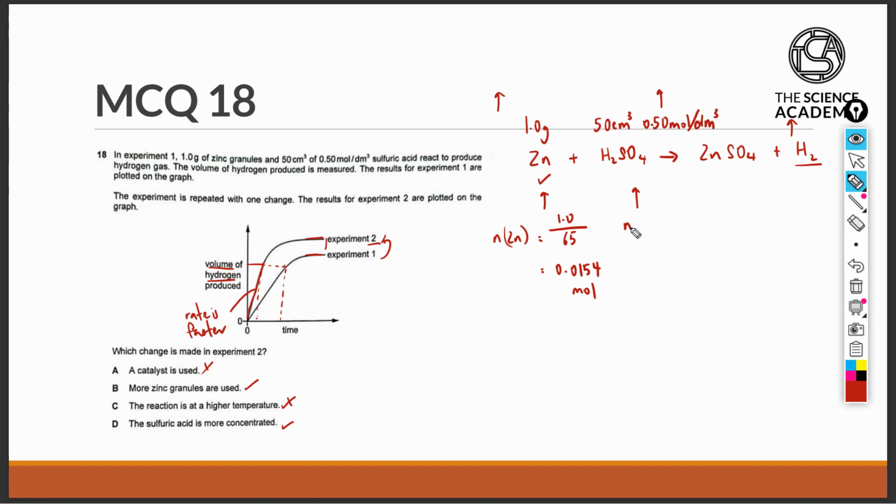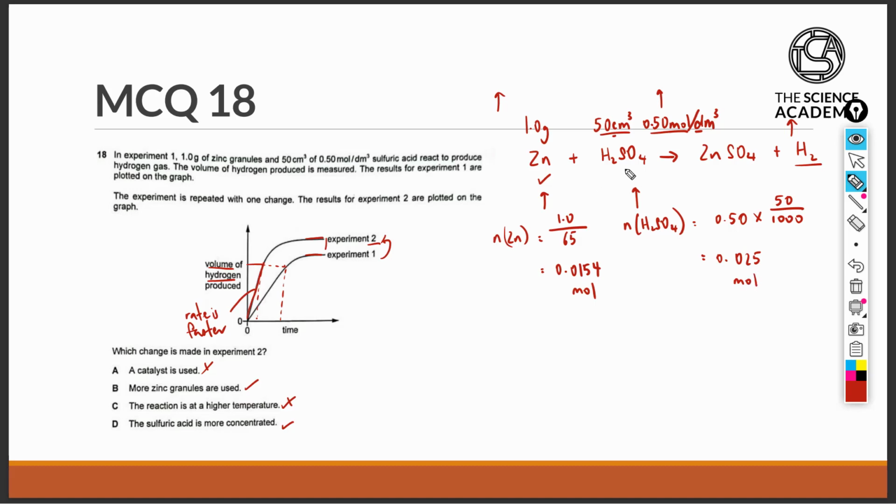To find the number of moles of sulfuric acid, we multiply the concentration by the volume used, taking into account the conversion of the volume from cm³ to dm³, which gives us about 0.025 mole.